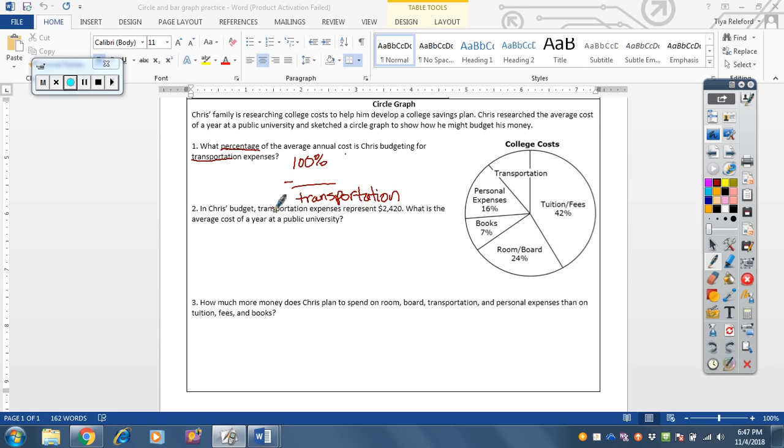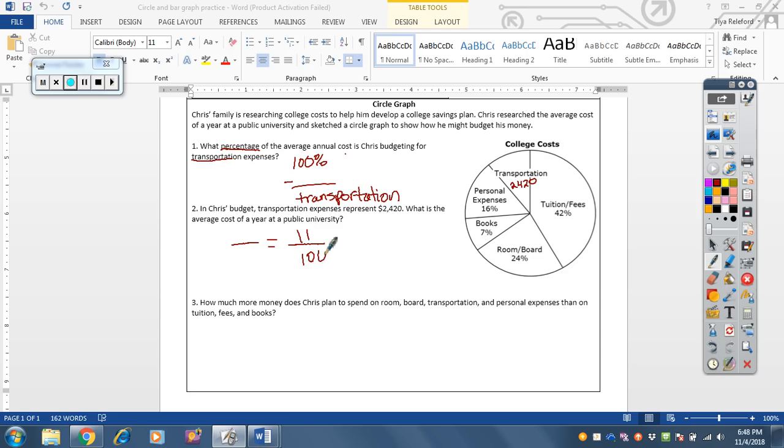In Chris's budget, transportation expenses represent $2,420. What is the average cost of a year at a public university? This is where you have to get creative. So we discovered in problem number 1 that transportation cost was 11%, right?